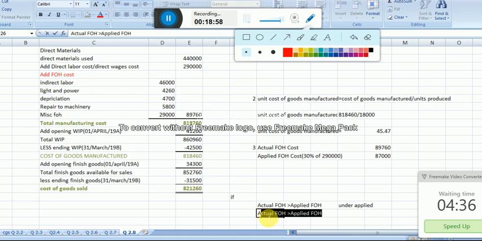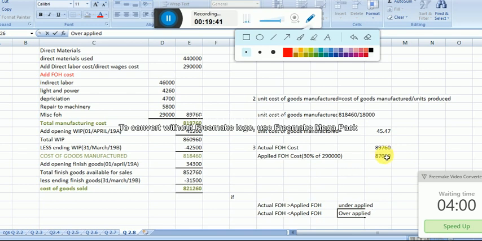And if actual FOH is less than applied FOH, it means actual is now less but we applied more, so that is called over applied. The answer will be over applied.